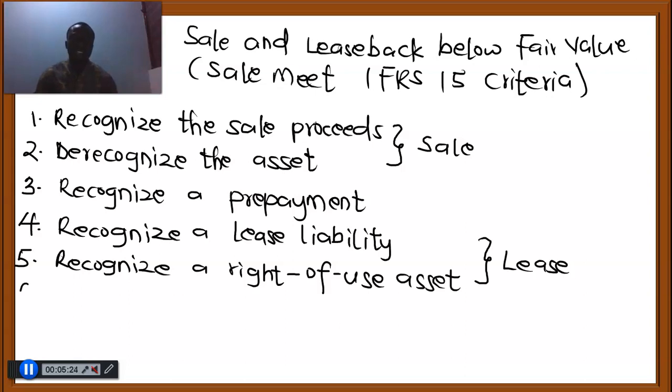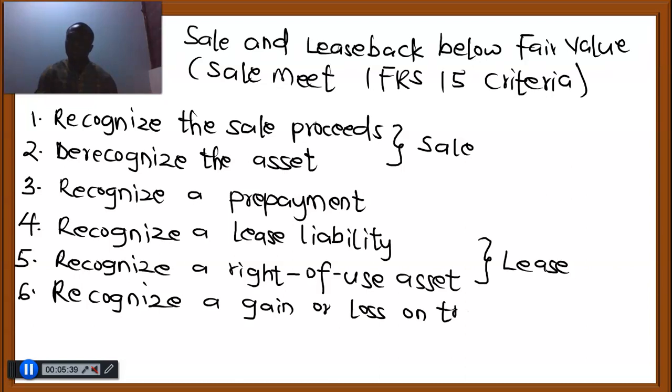Then finally, the seller-lessee should recognize a gain or loss on transfer. So after recognizing the first 5, you recognize a gain or loss on transfer as the balancing figure. So this only serves as a balancing figure in the journal.